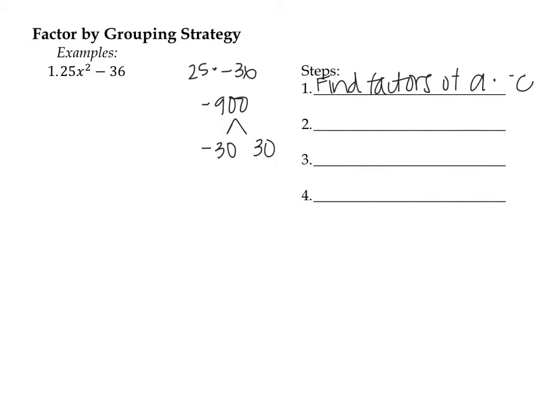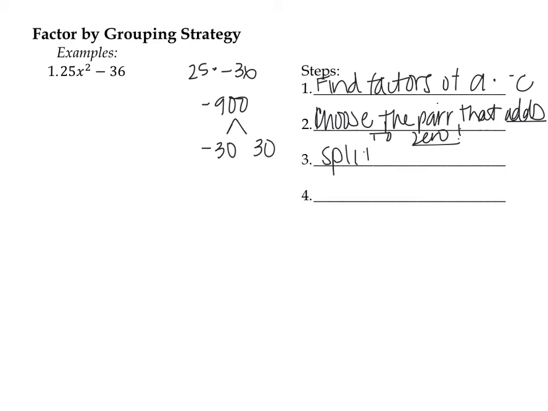So if I was to factor by grouping with this, now that I've chosen the pair that adds to 0, now we're going to split the middle and factor by grouping.